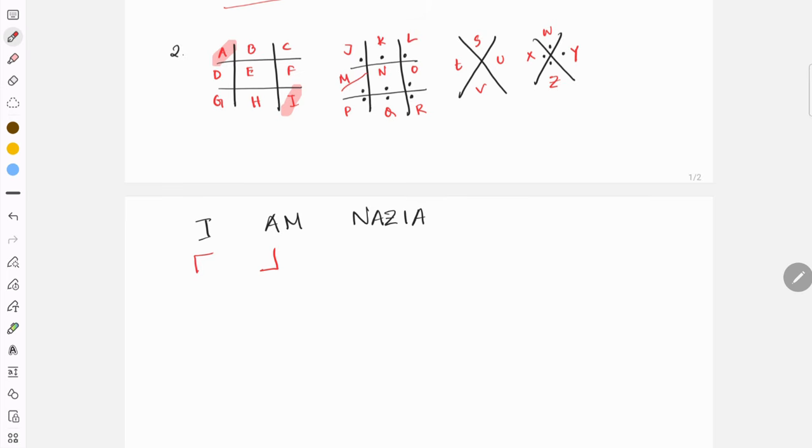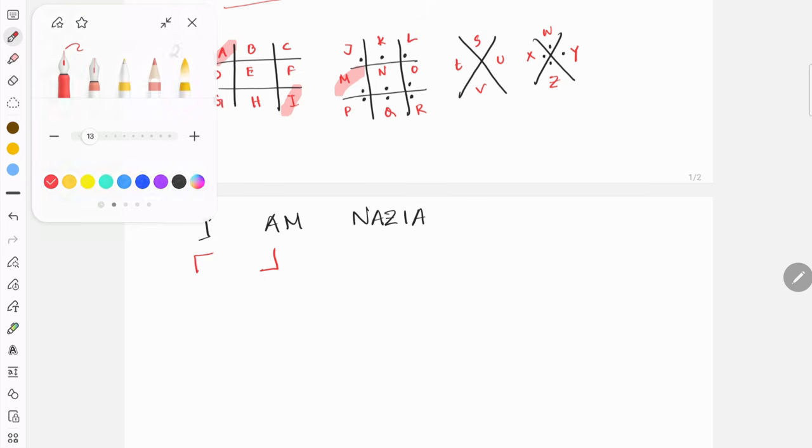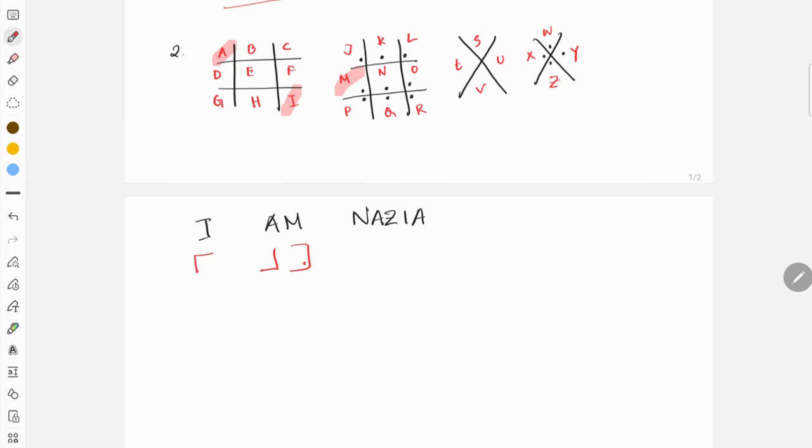Then M is over here. M is over here, so I will draw this pattern like this. Then we have N. N looks like a square box with a dot in the bottom.